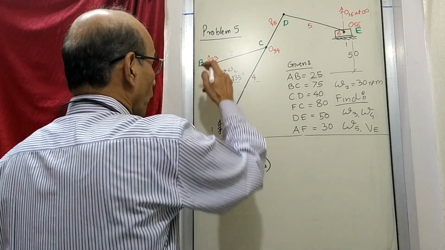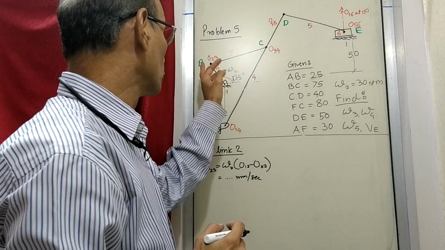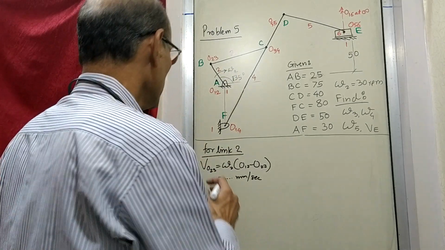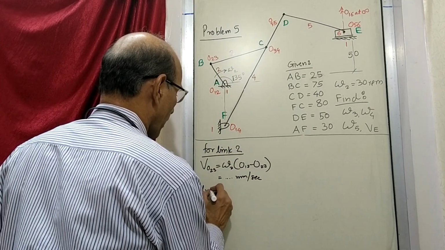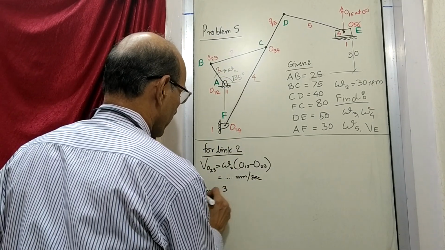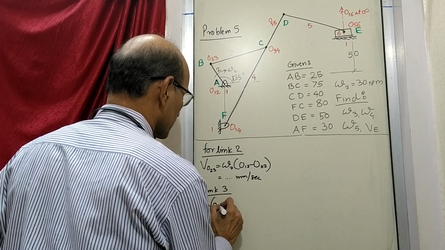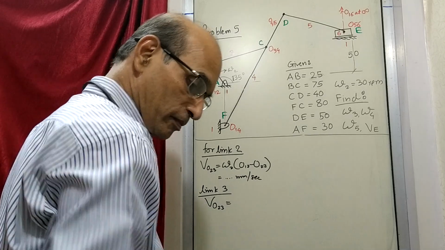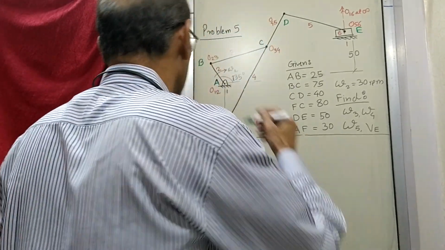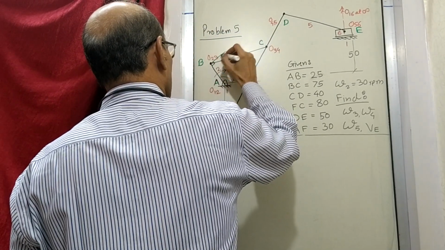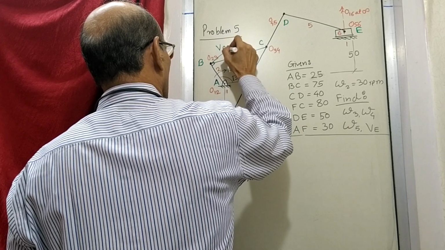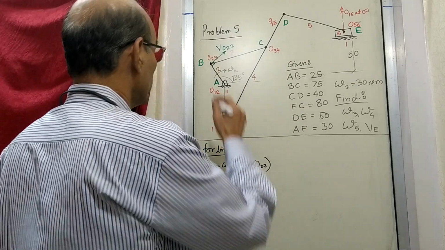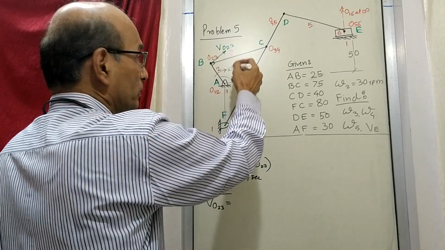That is the velocity of point O23. Now, 23 is a point lying on link 3 also, so we go to link number 3 and take the same point O23 to find its velocity. The velocity of O23 is like this, and it is the same whether it is on 3 or on 2.